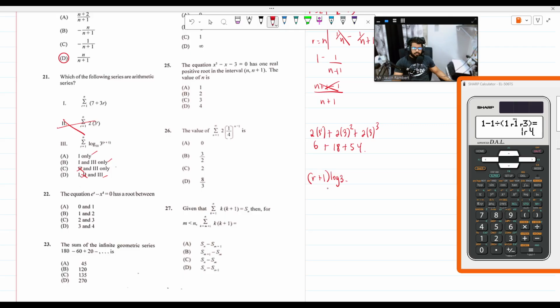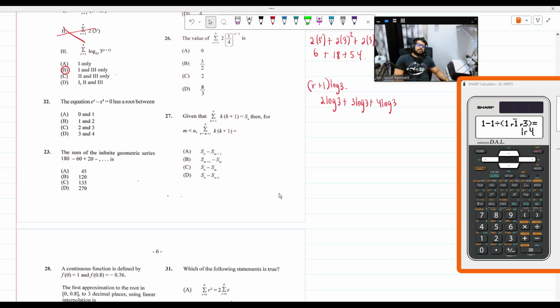When r is 1, I'm going to get 2 log 3 plus 3 log 3 plus 4 log 3 and so on. So every time I am just adding log 3. 2 log 3 plus log 3 is 3 log 3. So 3 is indeed an arithmetic progression. So the answer is B.